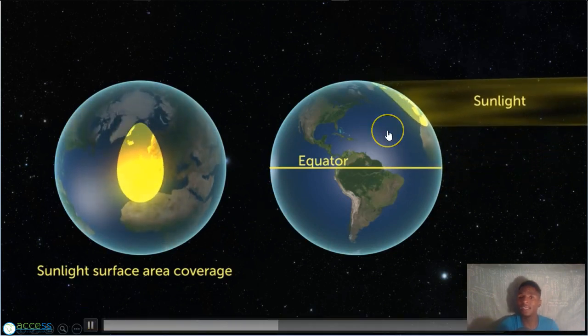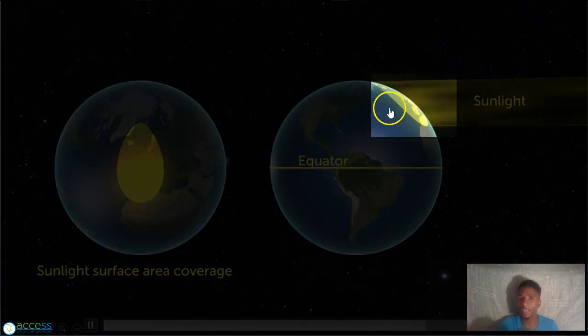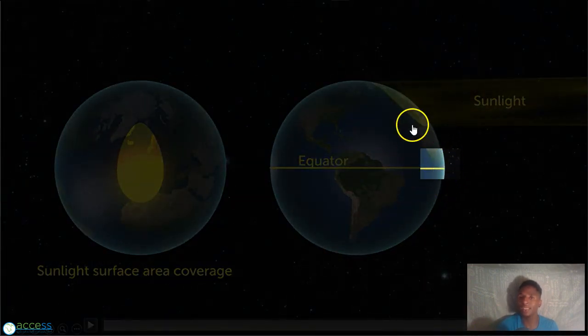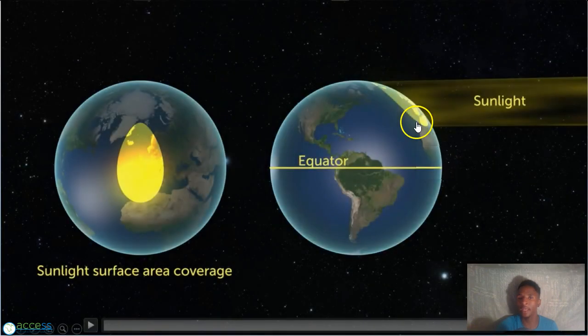As you can see, another difference between the poles and the equator is coverage. Here the sun's rays cover a large area as compared to here at the equator. Because the sun's rays cover a larger area, there won't be as much heat as at the equator.